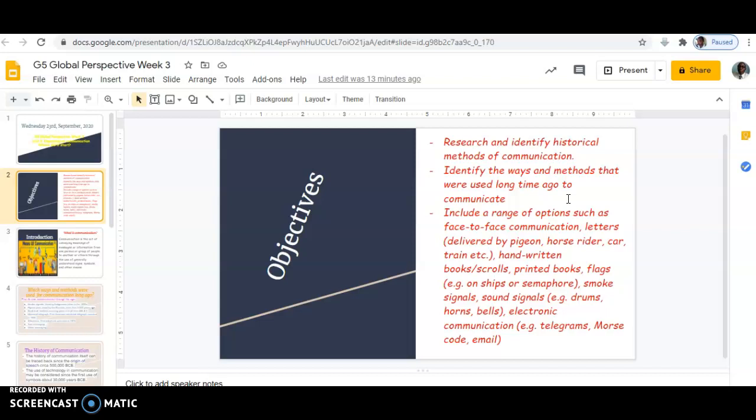We will include a range of options such as face-to-face communication, letters delivered by pigeon, horse rider, car, train, etc. Handwritten, books, scrolls, printed books, flags, e.g. on ships or semaphore, smoke signals, sound signals, e.g. drums, horns, bells, electronic communication, e.g. telegrams, Morse code, email. Now those are the objectives that we'll be looking at.